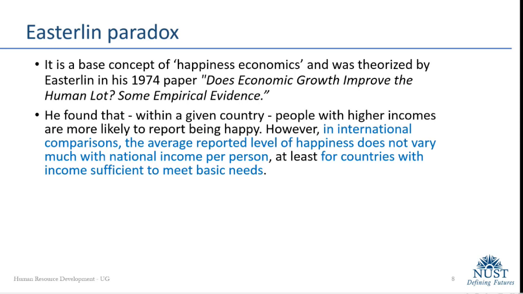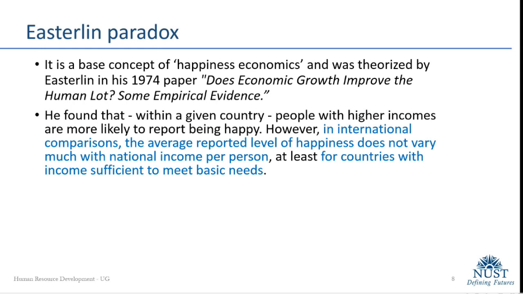So when you compare people inside a country, distribute them according to income and ask them if they are happy or not, you'll find that a higher income level is associated with a higher level of happiness.